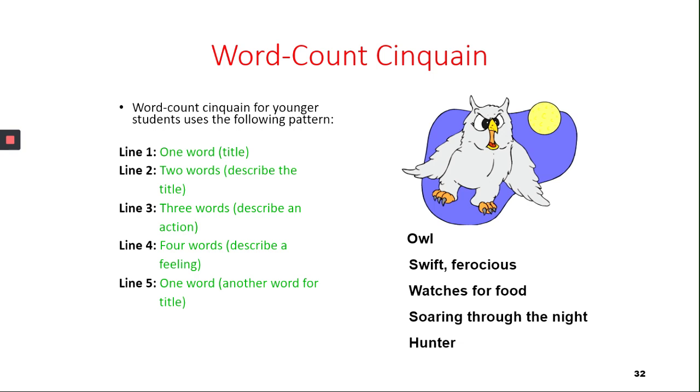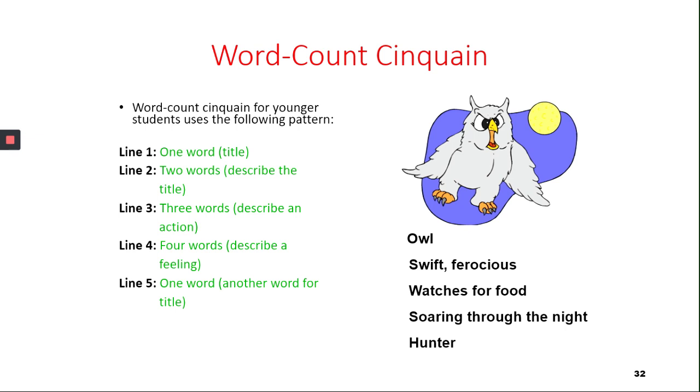Another type of cinquain is the word count cinquain. When we say word count, it is as literal as it is. We're gonna count the words we're gonna use. If in line 1 we have written just one word as a title, we have to make sure that line 2 has 2 words. Line 3 has 3, line 4 has 4, line 5 has 5.